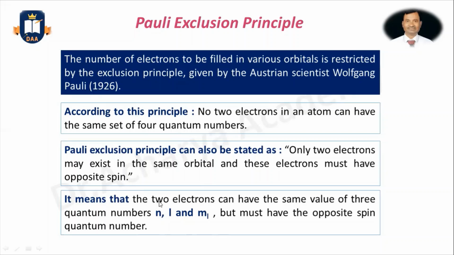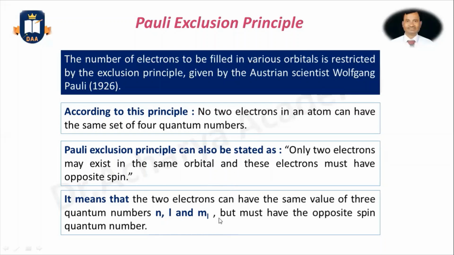In the same orbital, the 2 electrons have the same value of 3 quantum numbers: n, l, ml. But according to this principle, all 4 quantum numbers should not be the same for these 2 electrons.